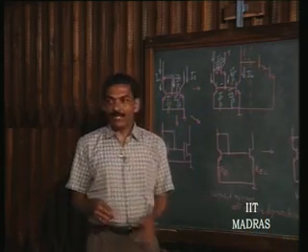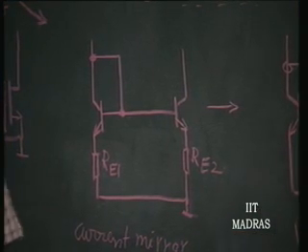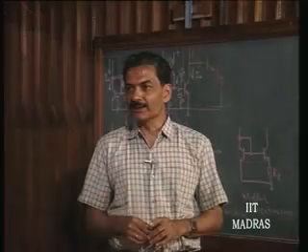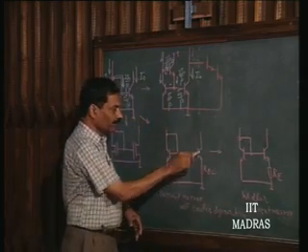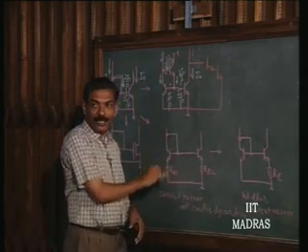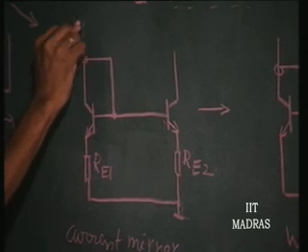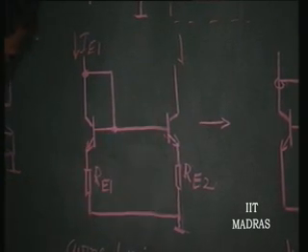Okay, you can now make the two resistances equal if you want the current to be equal. If they are different, the currents will be determined by ratio of resistors. You have V gamma here and V gamma here. So, IE1 into RE1 is equal to IE2 into RE2.